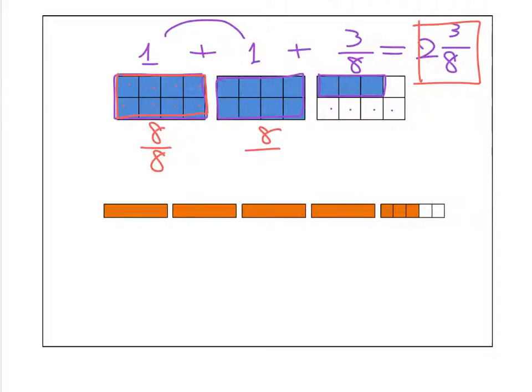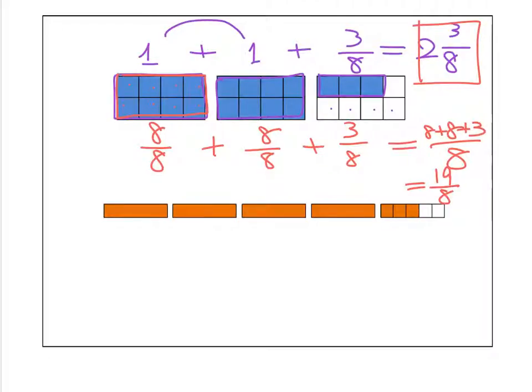For the same reason, I can rewrite this one into 8/8. Okay? And then over here, as I said, I have 3/8. So if I add them together, in addition, we keep the denominator the same, and then I add 8 plus 8 plus 3. I eventually should have 19/8.